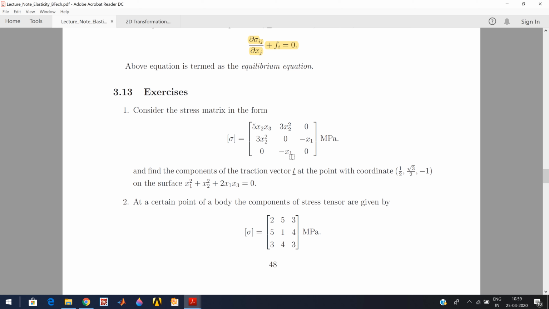And I'll also send you one assignment regarding the stress calculation, and I'll give you a timeline. You can send it to me through individual emails, submitting that assignment. Okay, so I'll shortly send you this assignment.